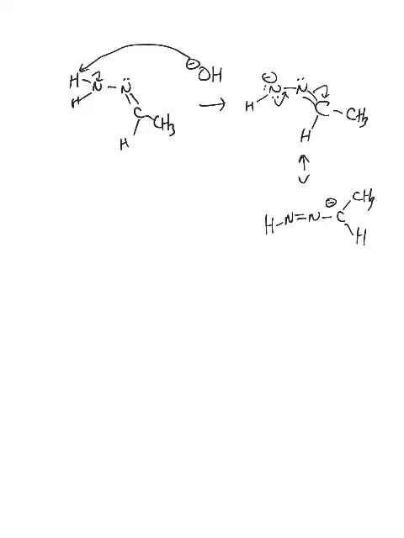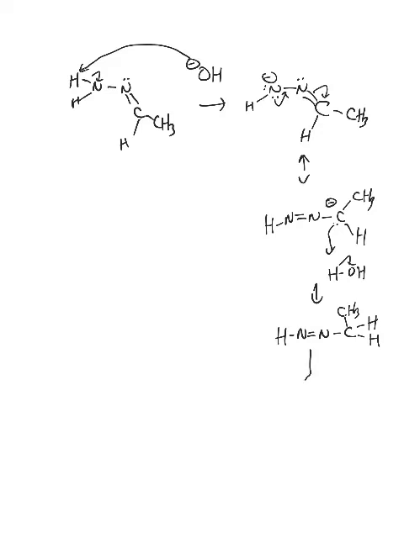This negatively charged carbon can go grab a hydrogen off of our water that we formed in the previous step, giving us the double bond between the two nitrogens, single bond to carbon, which now has two hydrogens and a methyl off of it.